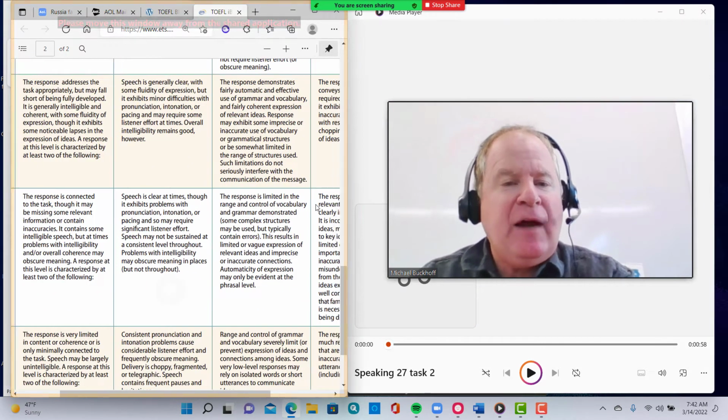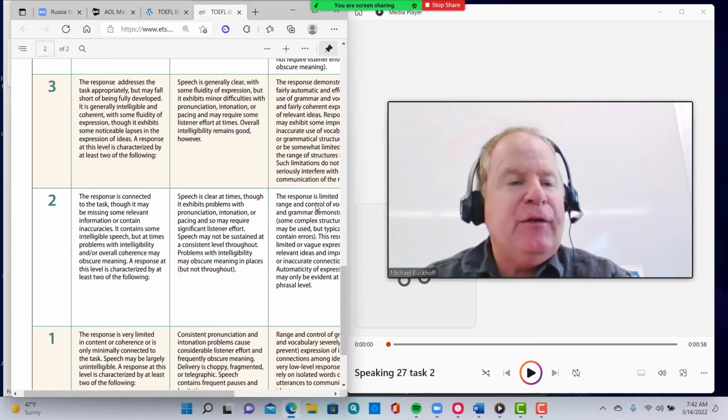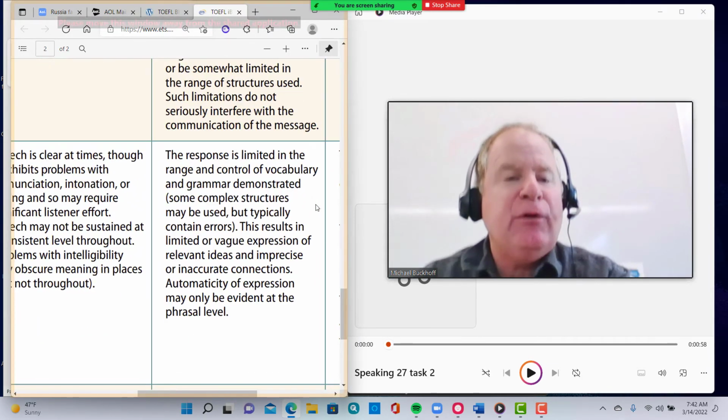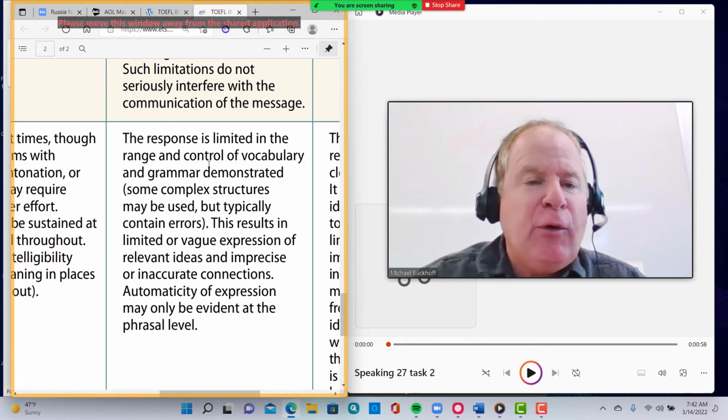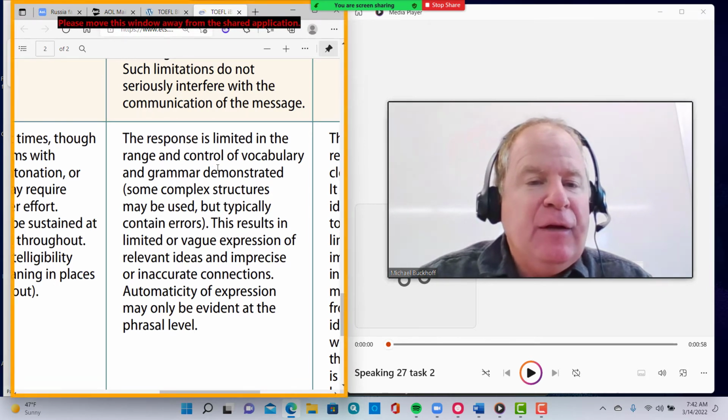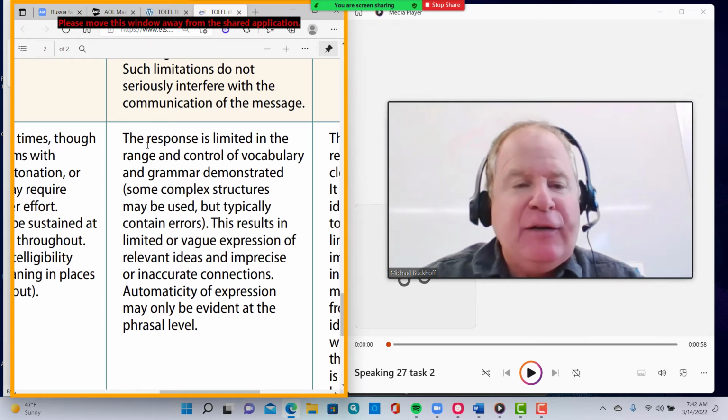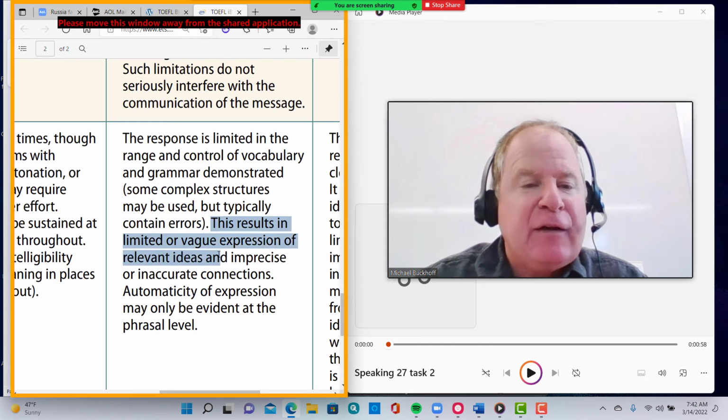If I look at the two area, I look at language use here: the response is limited in the range and control of vocabulary and grammar demonstrated, and this results in limited or vague expression of ideas. That's exactly the effect it had on your speaking.